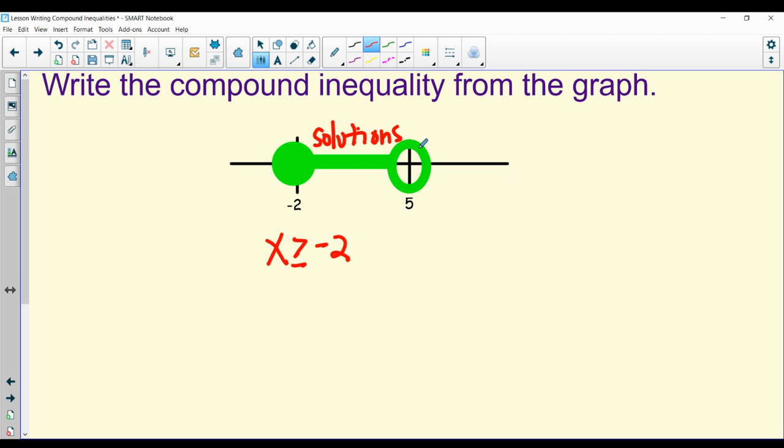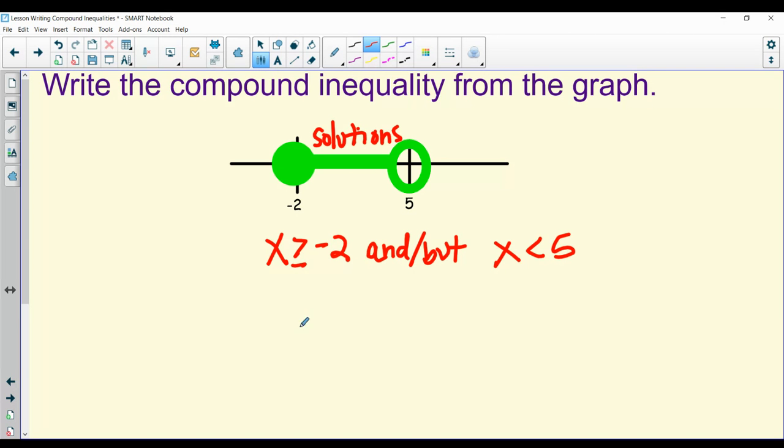However, the solutions also cannot be bigger than 5 because 5 is where it stops. So we could say the word and or but. The solutions also have to be less than 5 because the solutions are here in the middle between -2 and 5. So this is one way to write it.